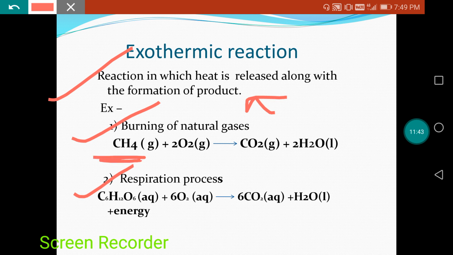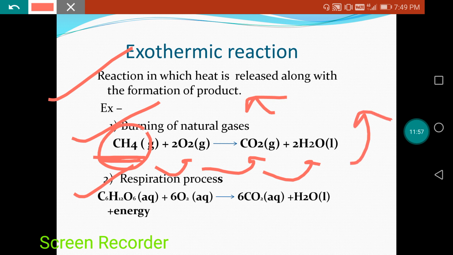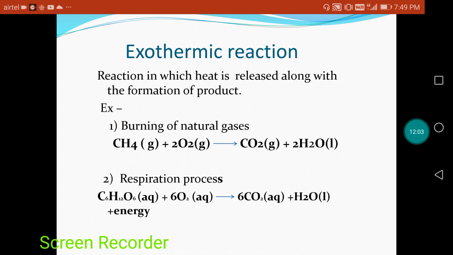Okay, so many natural gases are there. We will discuss later. Here, methane is the example of natural gas. When methane burns, it is converted into carbon dioxide and water, and heat is released. And when heat is released, this reaction is called an exothermic reaction.